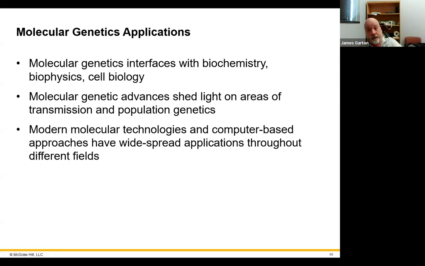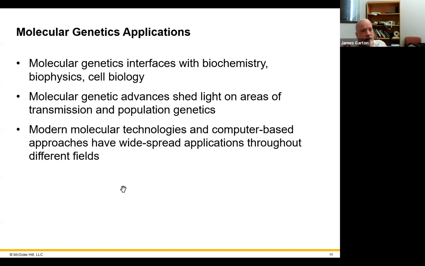And then molecular genetics, what is it good for? Well, it has interrelationships with biochemistry, biophysics, cell biology, things like that. Molecular genetics can be used to shed light on, to illustrate, genetics at the transmission level and the population level.